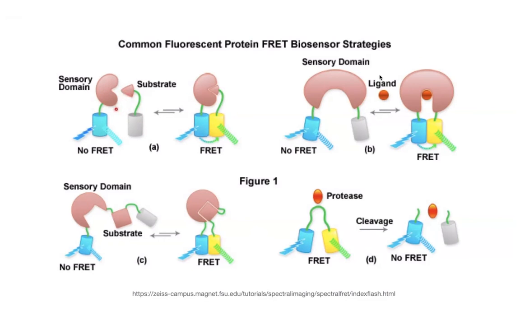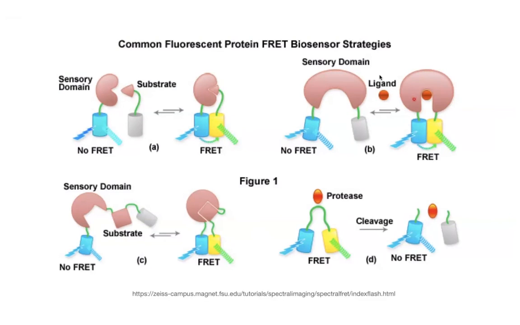So if they're not bound and you shine light that excites the first fluorophore, you're going to see the emission of the first fluorophore. But when they bind, now if you excite the first fluorophore, you're going to see the emission of the second fluorophore.